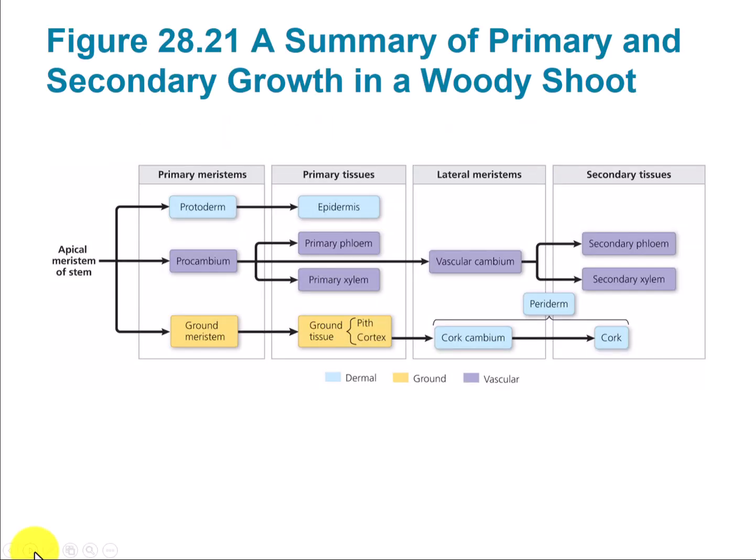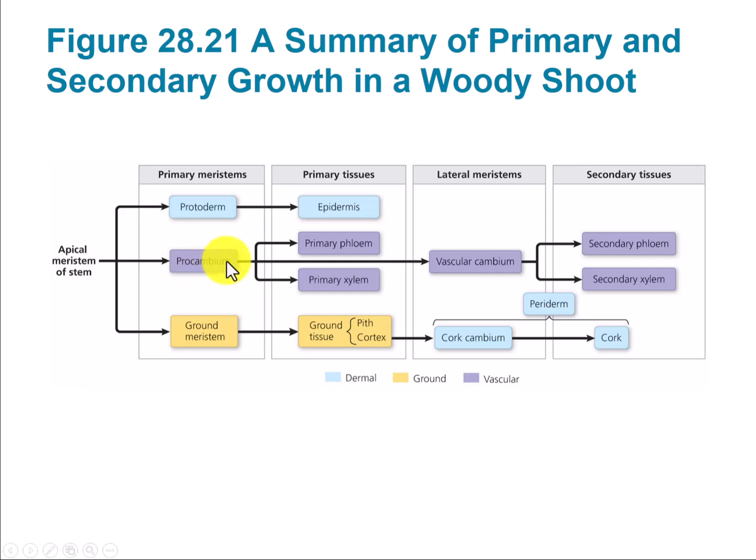All right. So let's finish up Lecture 2 with going back over our apical meristems. So we have those 3 primary meristems, the protoderm, the procambrium and the ground meristem. So that brown cell at the tip differentiates into one of these three. The protoderm will go on to form the epidermis.